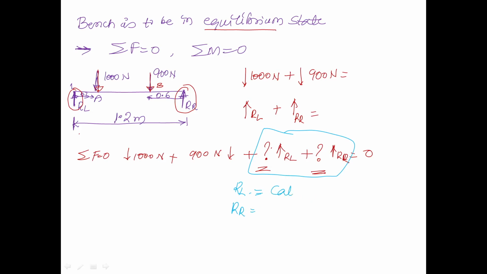If we calculate any one value, let us say RL, then by the equilibrium condition of the forces you can calculate the value of RR. That is, 1000 plus 900 minus the RL value.